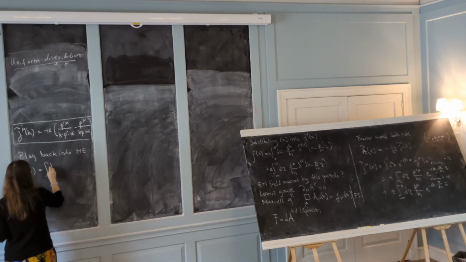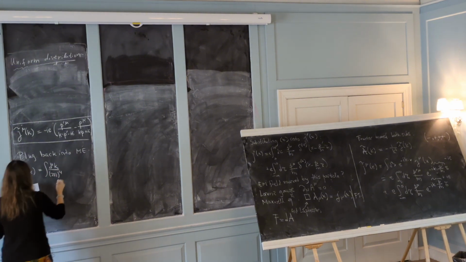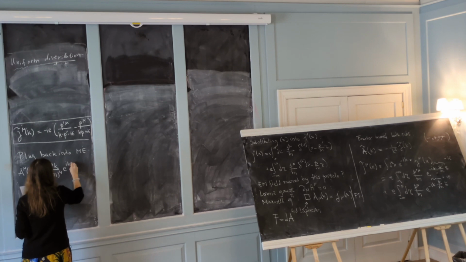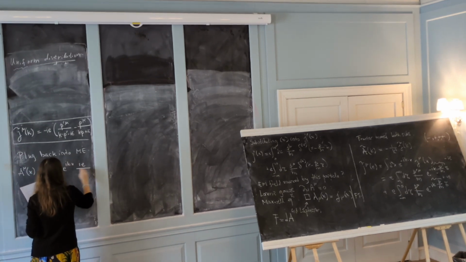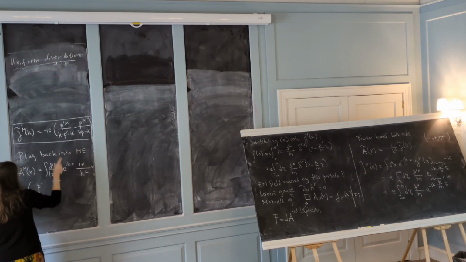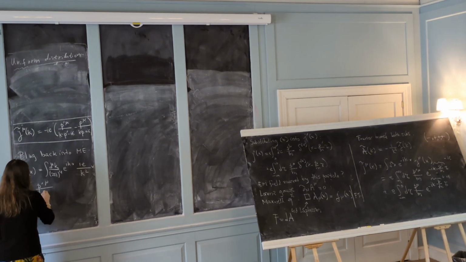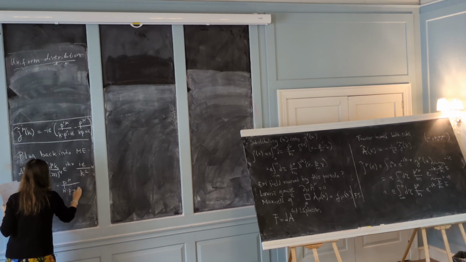So this is given by d^4k divided by (2 pi)^4, e to the plus i k dot x this time, and then e times i divided by k squared. Apologies, I'm going to move this, it's still under the integral, but I don't have space. And we now just have to plug in this formula: p prime mu divided by k dot p prime minus i epsilon, minus p mu divided by k dot p plus i epsilon.